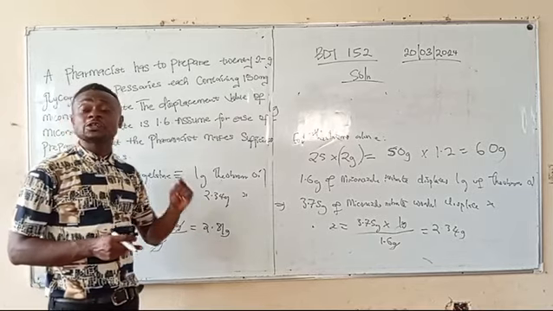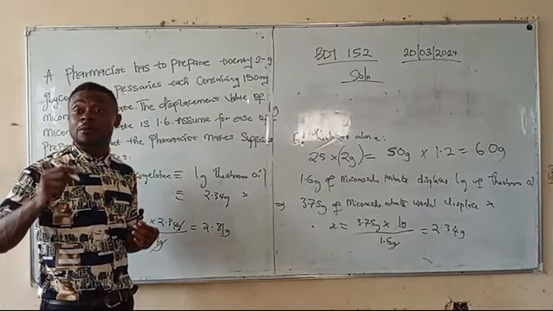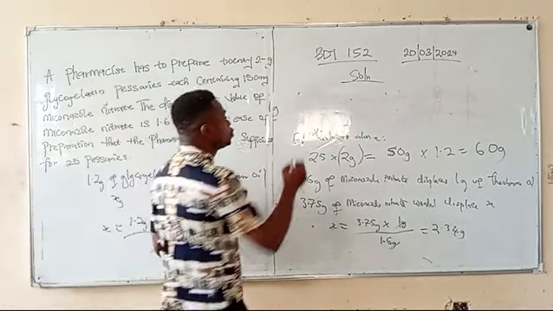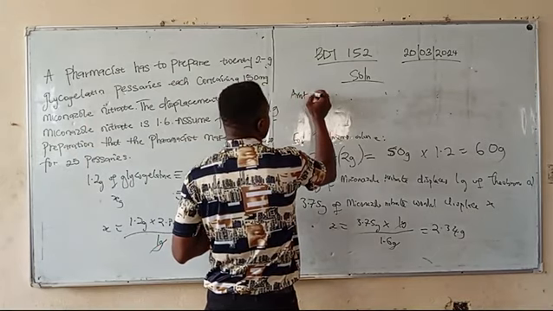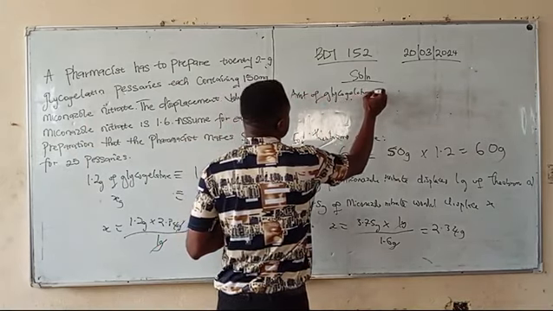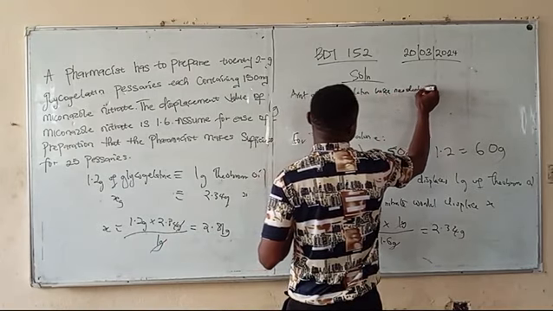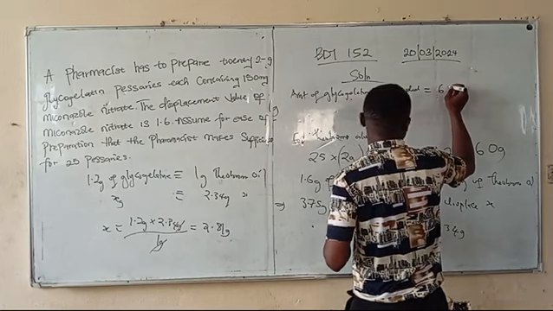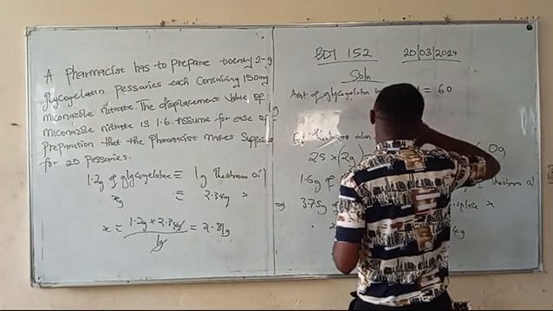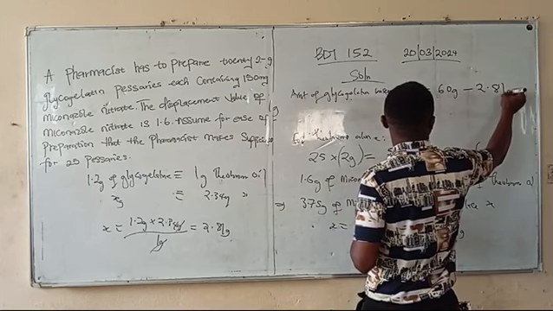So if you now want to know the amount of glycogelatin base that will be needed, you simply do: amount of glycogelatin base needed is now equal to what? 60 minus 2.81.